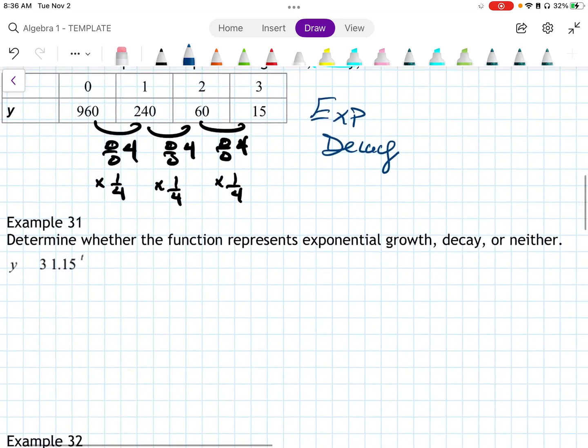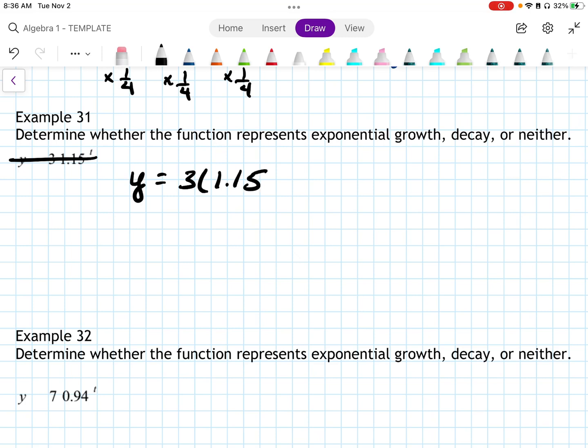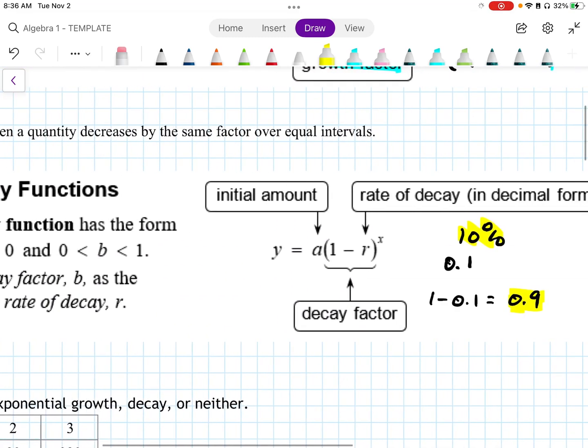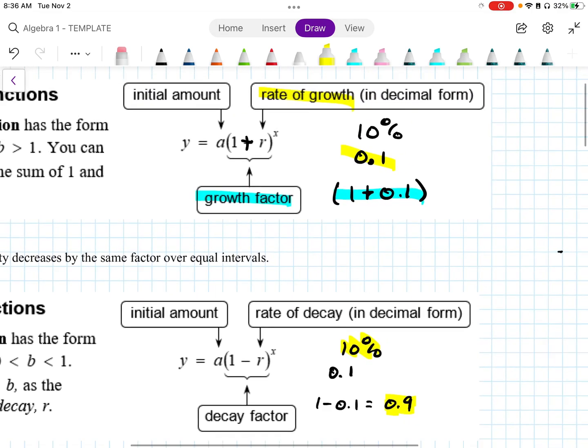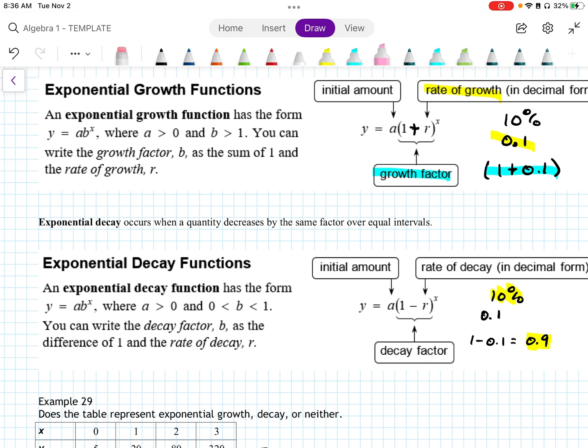All right, example 31. We're supposed to determine whether the function represents exponential growth, decay, or neither. This is supposed to be y equals 3, parenthesis 1.15 to the x. Whenever you're deciding if it is growth or decay, let's scroll back up here. The only thing that changes is that here b is greater than 1, here b is between 0 and 1.